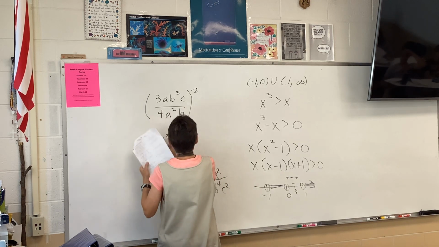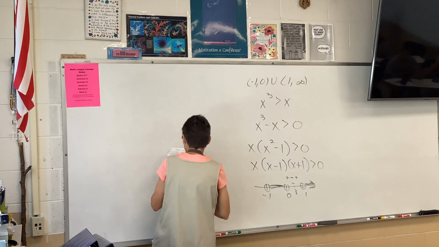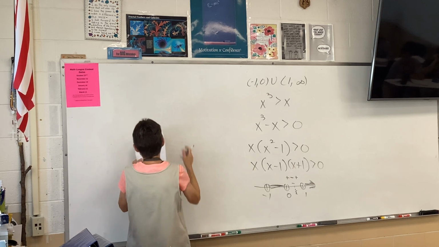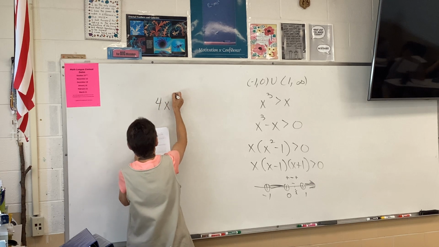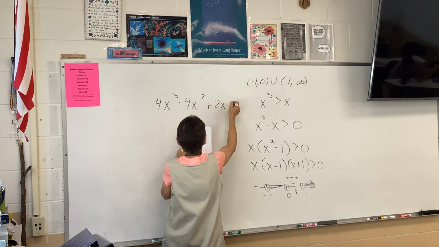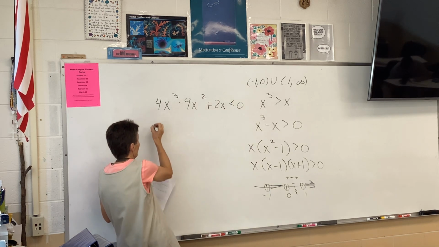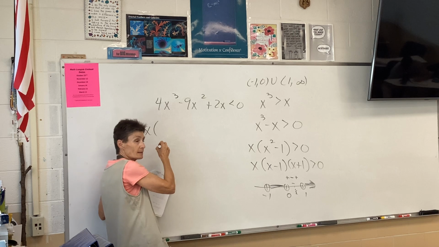What is the first thing we're gonna want to do? Get rid of the 9x squared. We're gonna move the 9x squared over, and then pull out the x.